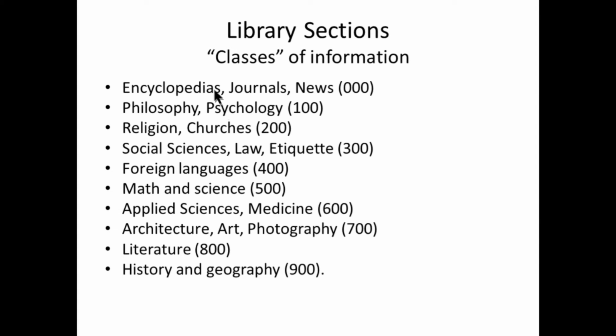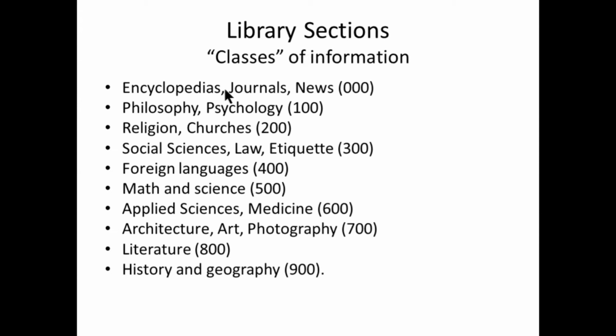Now, to expand the analogy, comparing the software world and the real world of a library, we saw that the book we're looking for is in the 700 section. Actually, there are numerous sections in the library, and each section has a different class of information, okay?